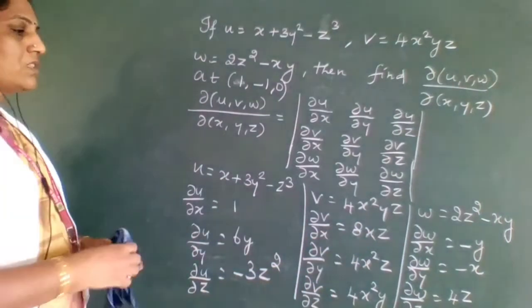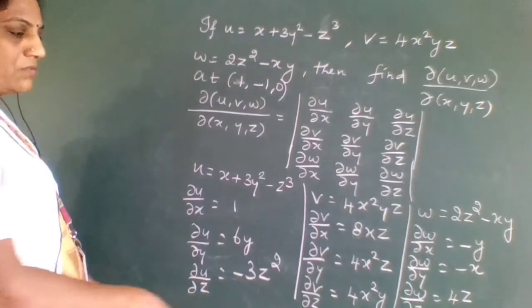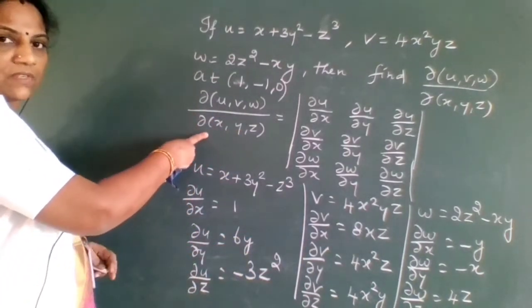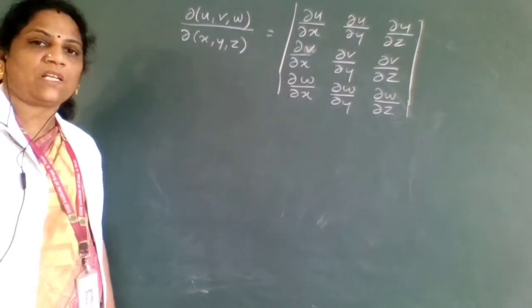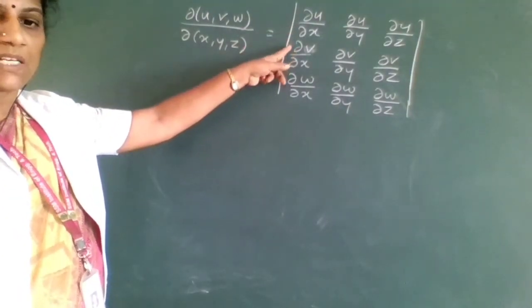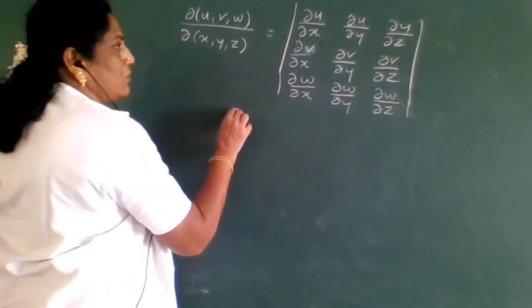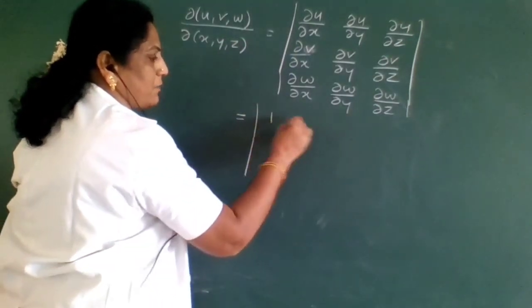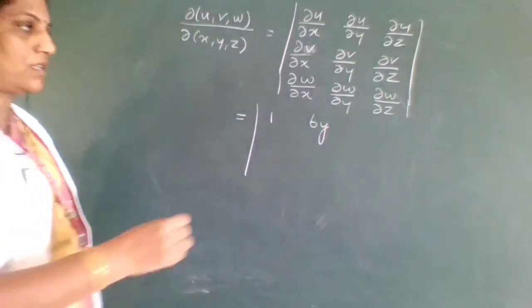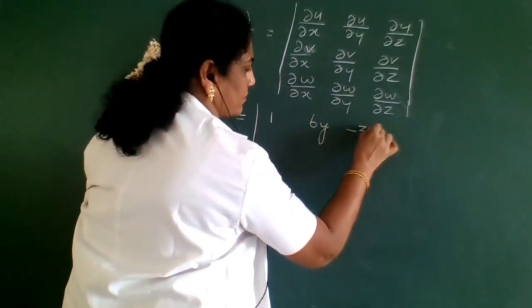So now we put the values of all these differentiations in the determinant. Now we apply all the differentiation values in this matrix. So we have ∂u/∂x equal to 1, 6y, and ∂u/∂z equal to minus 3z squared.